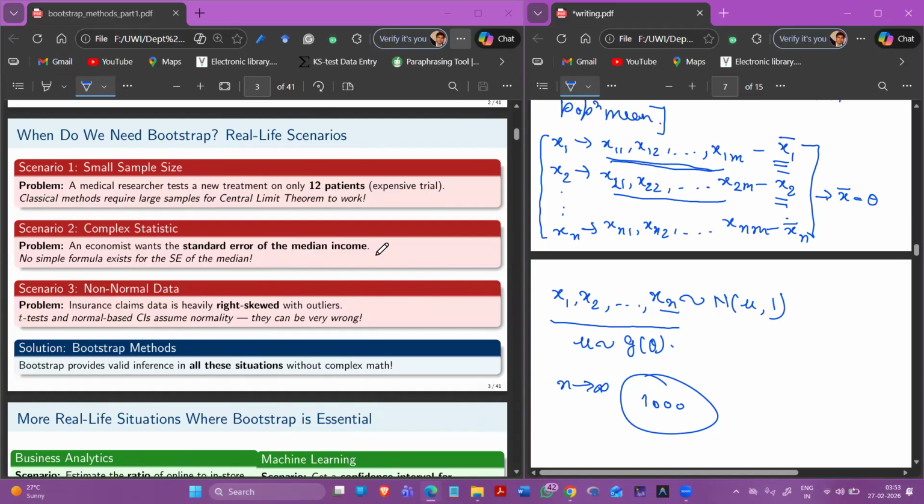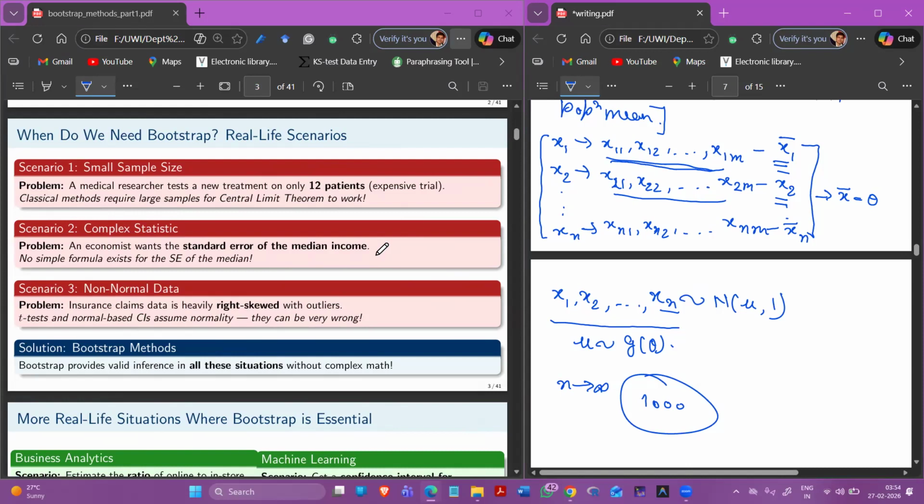When you are going for cancer treatment, it is a very costly one, right? So all the people cannot afford the cancer treatment. So at that time, what will happen? You will not have a large enough sample. You have only a few sample points, right?